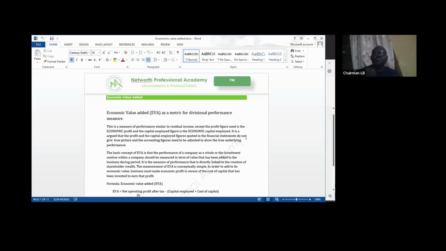In other words, if you are trying to determine an appropriate performance evaluation method, we should look at the performance evaluation method that is linked to creation of value to the owners of the business. We should look at a performance measure that is directly linked to value creation.